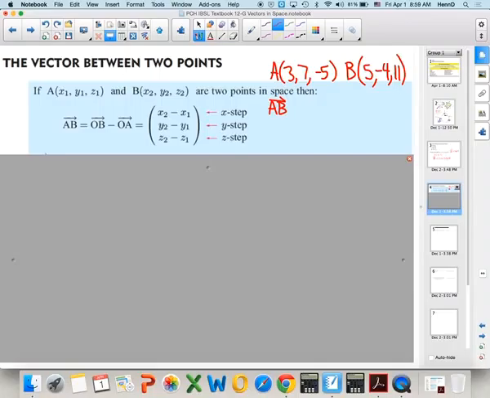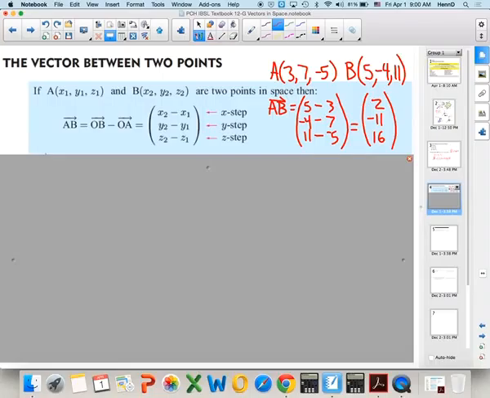We're finding B's position relative to wherever A is. We're going to take point B, (5, -4, 11), and subtract the coordinates of point A, (3, 7, -5). So vector AB is the vector (2, -11, 16).